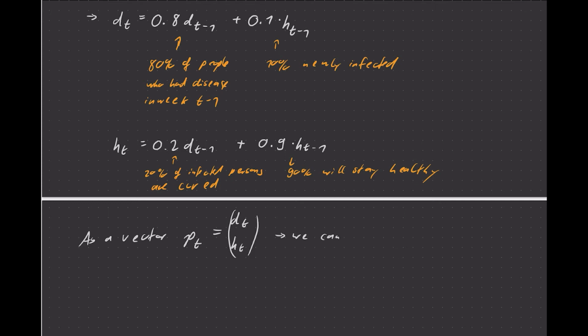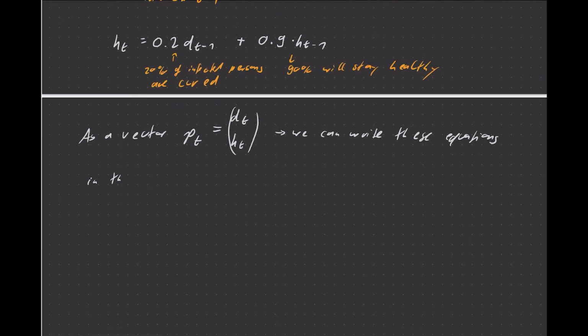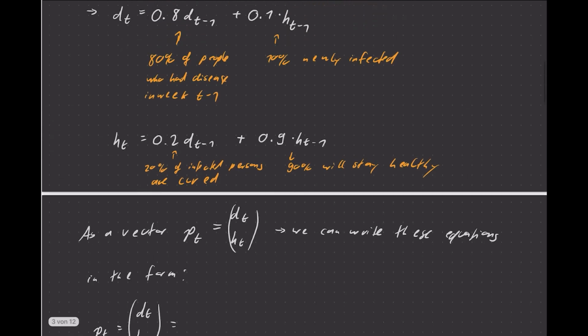So we can then write the equations in the following form. The population at time t, so the vector d_t and h_t, can be computed from the corresponding population at time t-1 by just using these equations here.